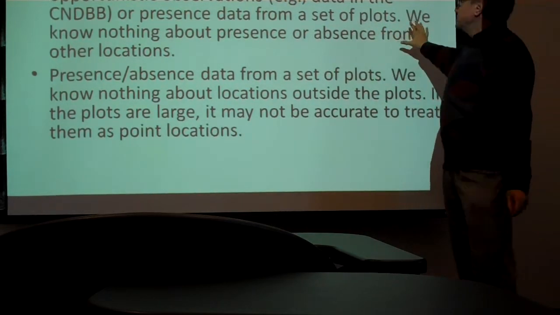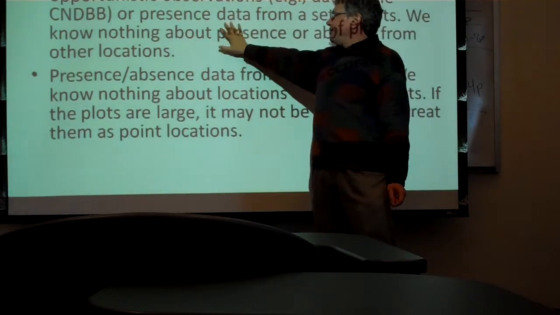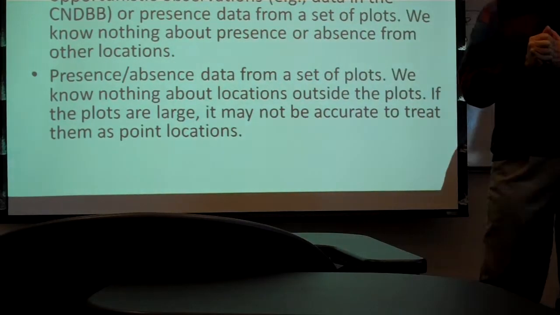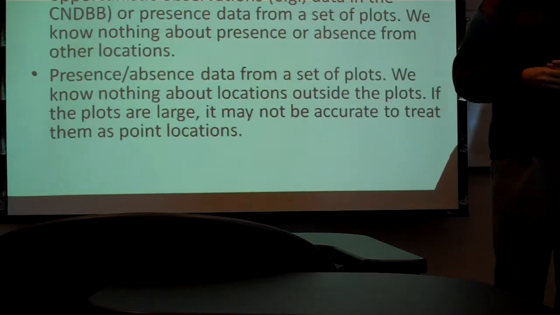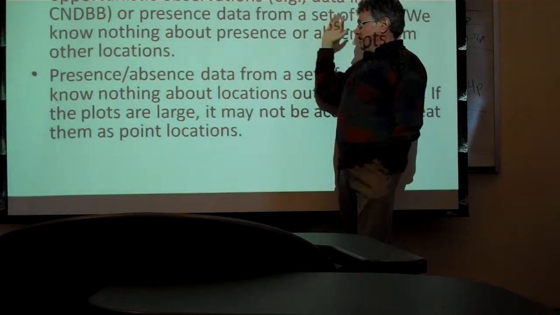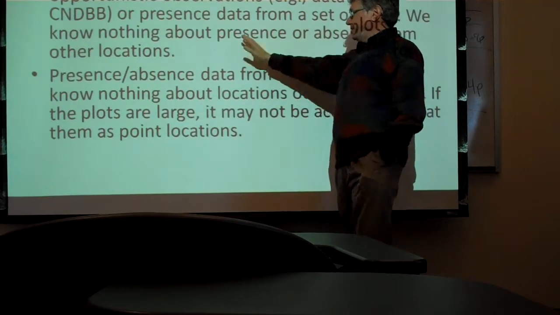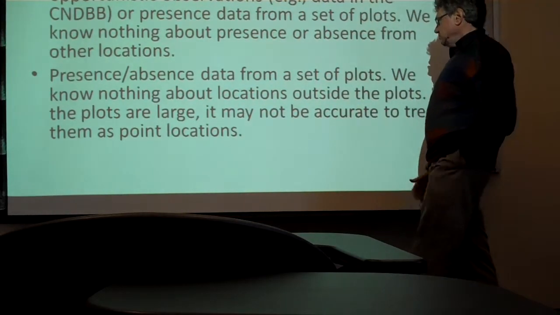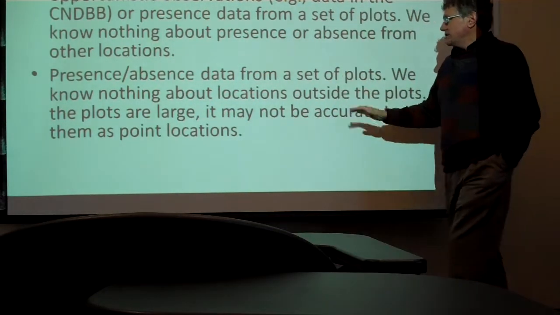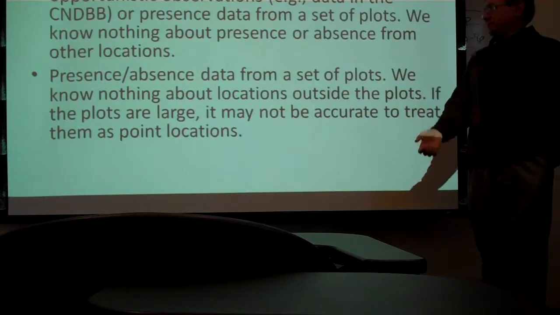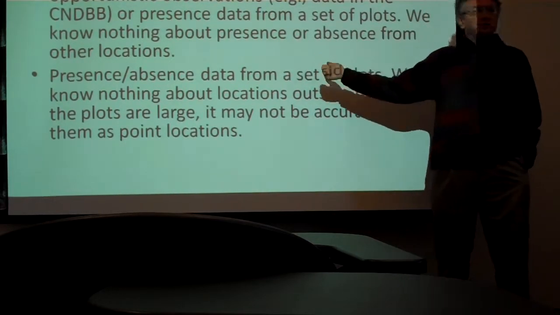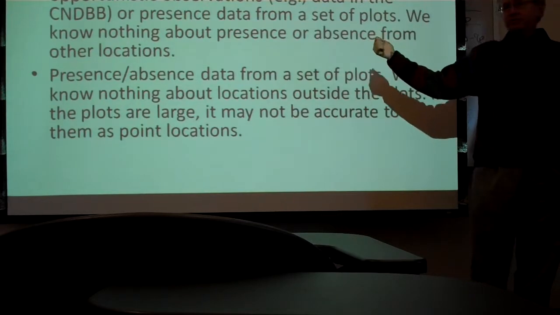Similarly, even if there's a systematic survey that samples the landscape, goes out and takes plots, and records presence from a set of plots, again, we don't know about presence or absence in other locations. And then we can have true presence-absence data, where at each location where there's a sample, this really is a sampling now, we have a record of whether the entity is present or absent.